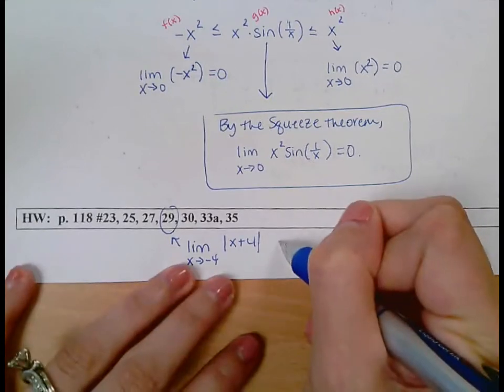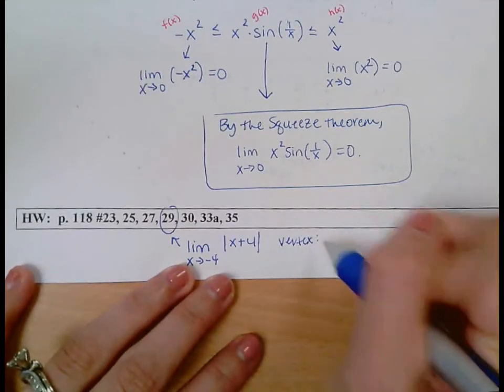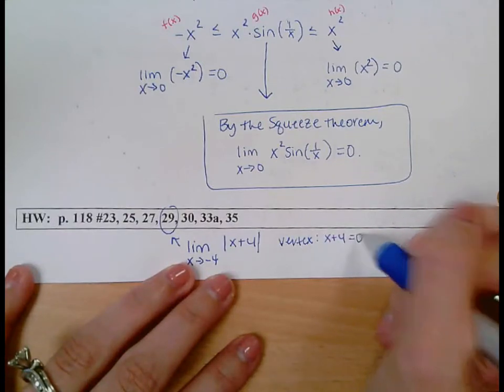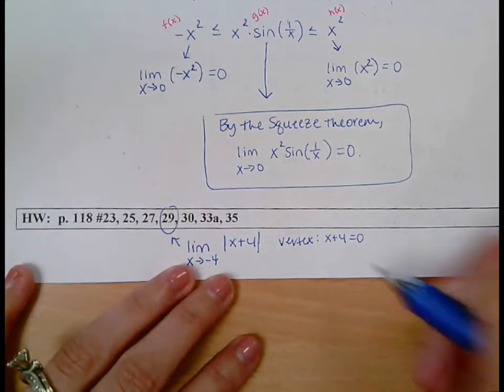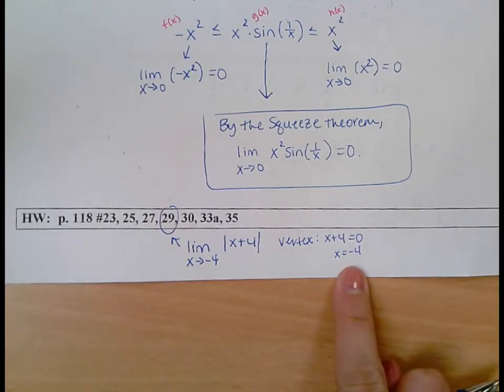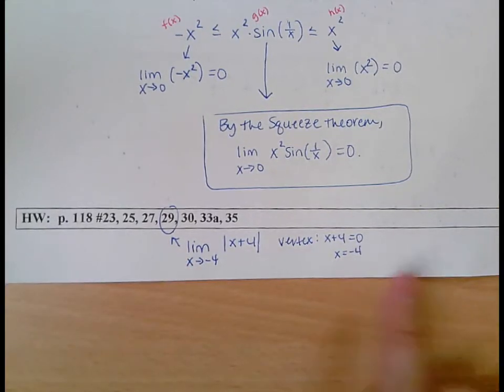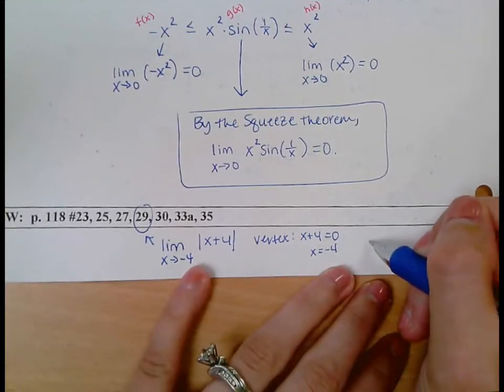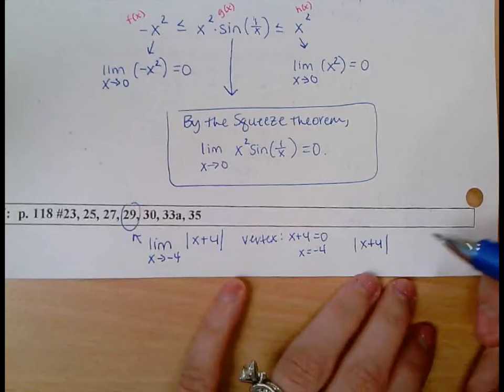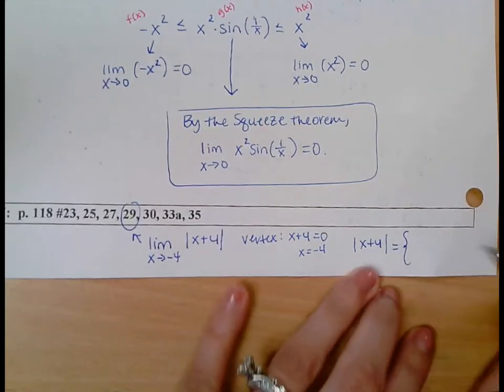To find the vertex of an absolute value graph, you take the expression inside the absolute value bars and set it equal to 0 and solve for x. So in this case, x would be -4. -4 is the x value where the vertex is. So as a piecewise function, the absolute value of x plus 4 would be written this way.